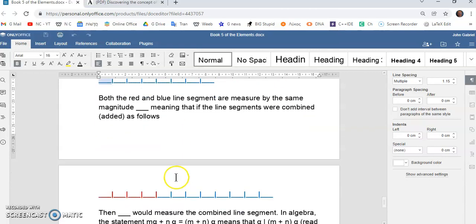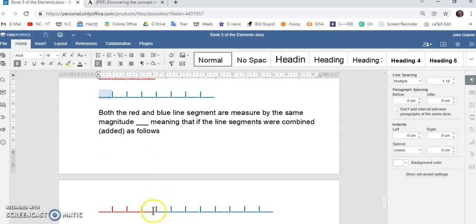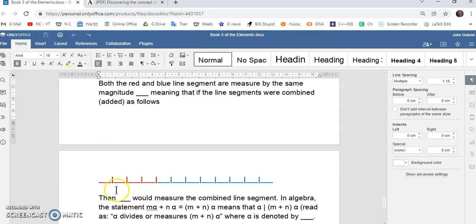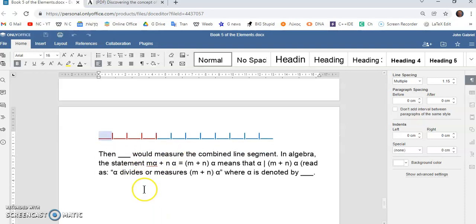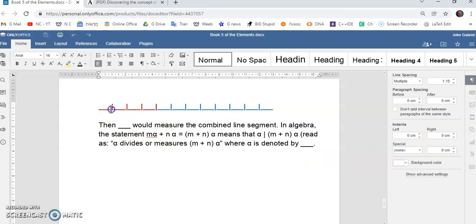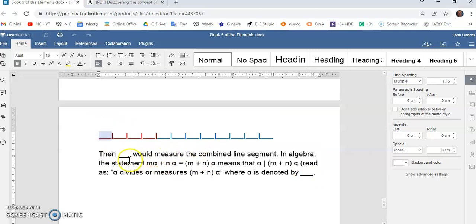So that means that if you had to put these 2 lines next to each other, in other words, combine or add them, then this, which is alpha, would measure the whole segment. And then, of course, in algebra, this statement means that alpha divides m plus n times alpha, read as A divides or measures m plus n times alpha, where alpha is denoted by this line segment or magnitude, because we're speaking about magnitudes in terms of the lengths of line segments.